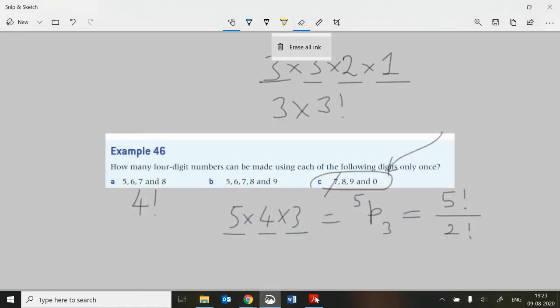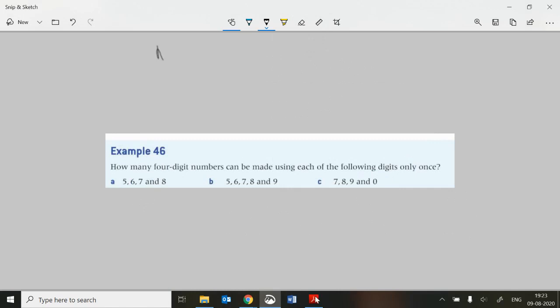Well, let's just check out. Remember, nPr is the same as n factorial divided by (n minus r) factorial. So if we did 3 pick 3 there, we'd have 3 factorial over (3 minus 3) factorial.